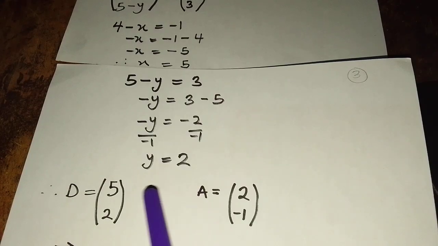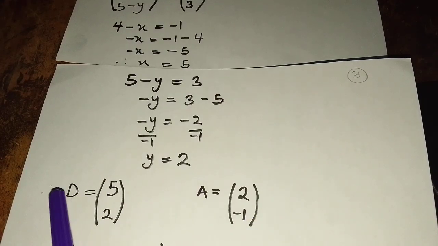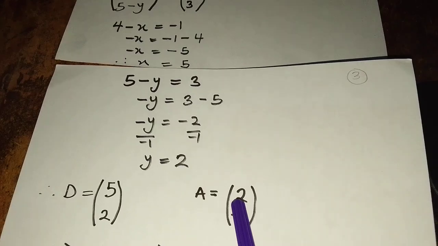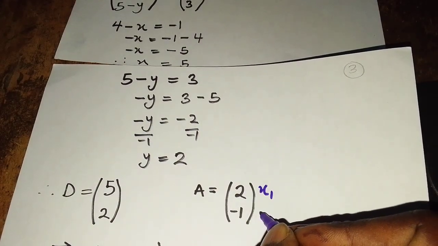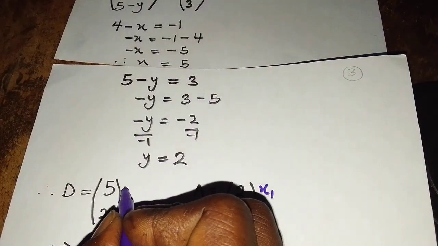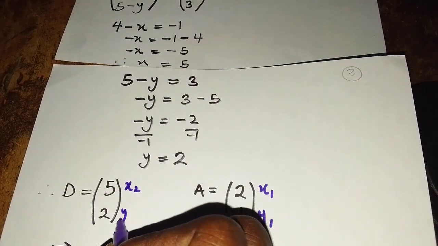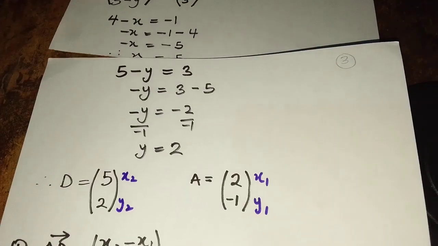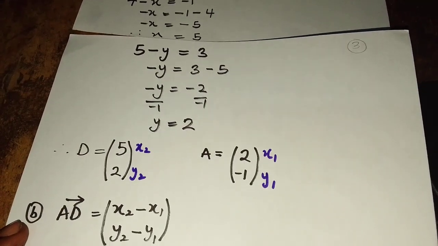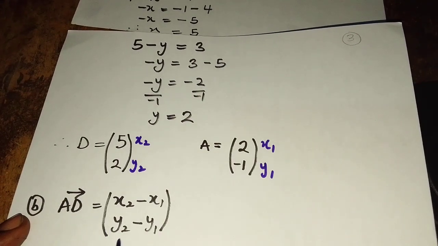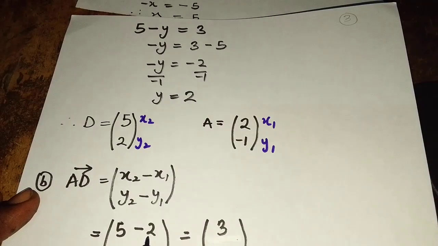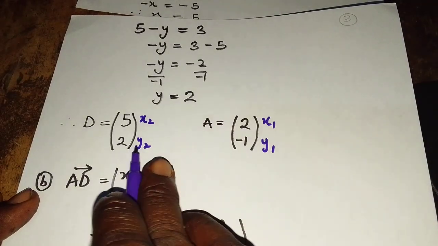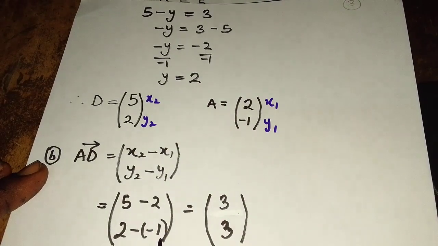So since A is coming first and D is next, the coordinate of A will be our x1, y1, and the coordinate of D will be our x2, y2. So to get AD, you have x2 minus x1, y2 minus y1. Our x2 here is 5 minus 2, then y2 is 2 minus minus 1.